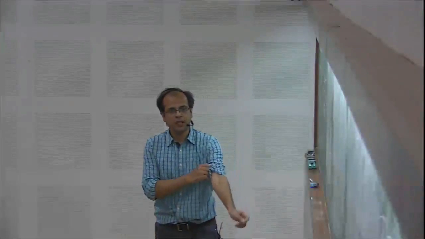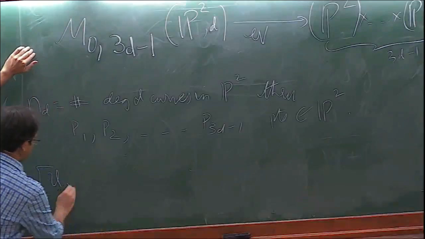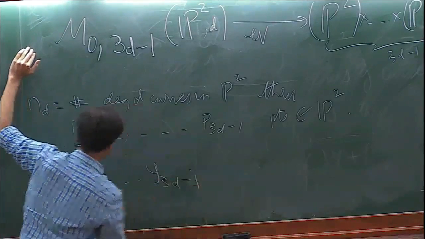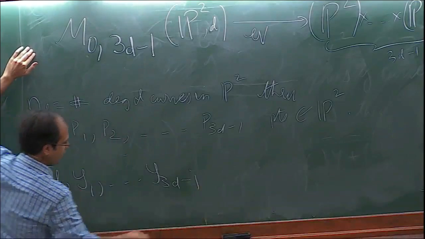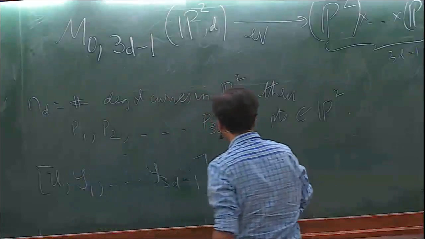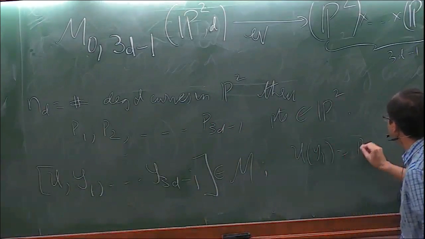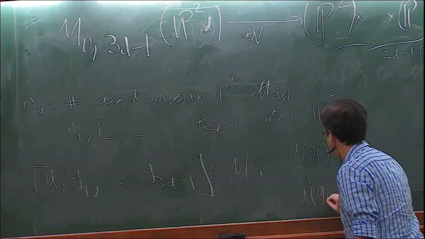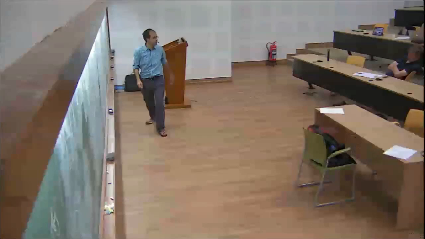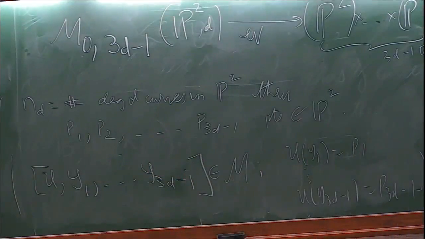So basically I now want to look at curves with 3D minus 1 marked points. So these y's are points on the domain. So these should belong to the moduli space such that u of y1 is equal to p1, up to u of y_{3D-1} is equal to p_{3D-1}. I want to count the cardinality of this set. This is what I'm basically asking.